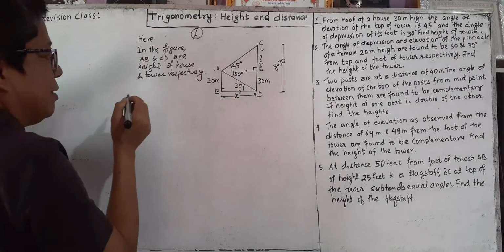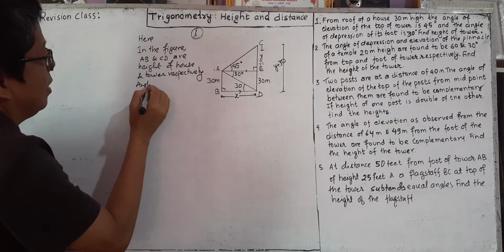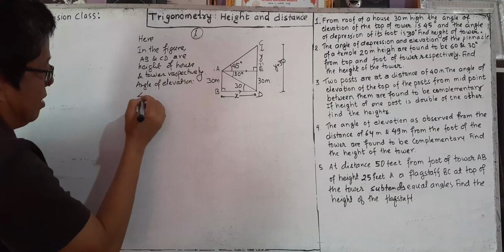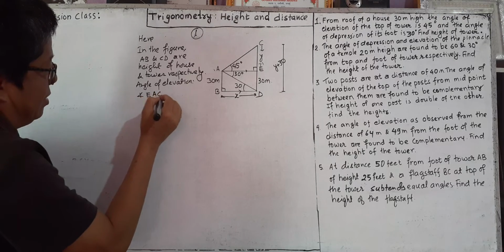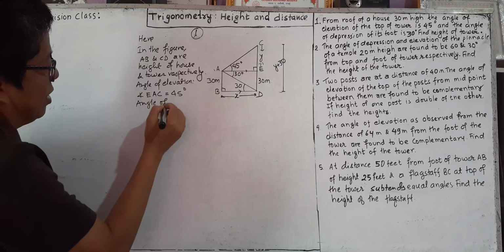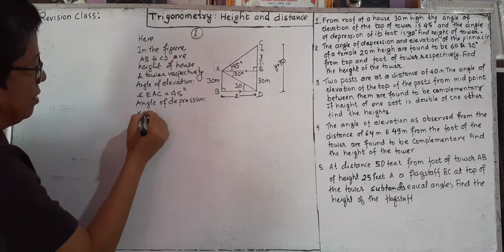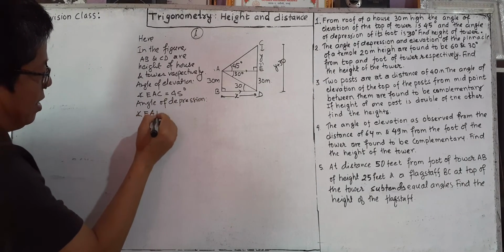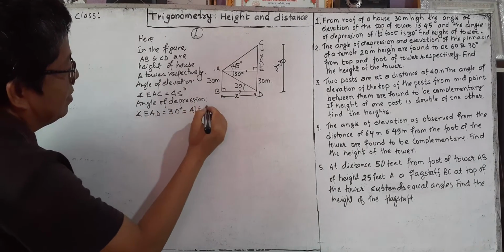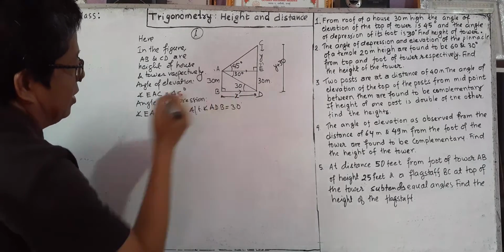And next we have to define the angle of elevation, that is angle EAC equal 45 degree, and another is depression angle. So the angle of depression, that is angle EAD equal to 30 degree, and this is equal to the alternate angle ADB equal to 30 degree.